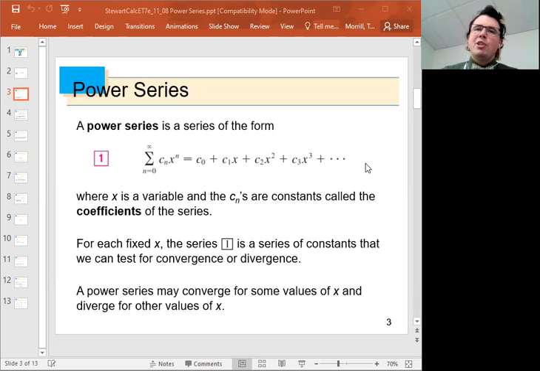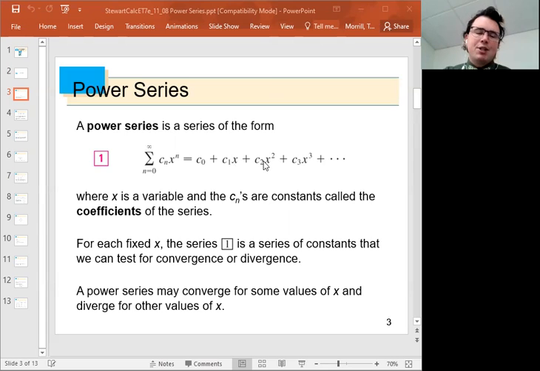So these almost look like polynomials, except that polynomials are finite. Polynomials have a largest power of x. So again, these are called power series. And if x is a particular real number, then we can test this series, determine whether or not it converges.